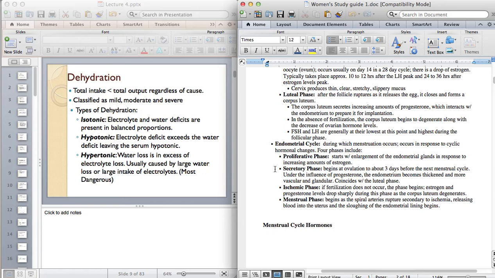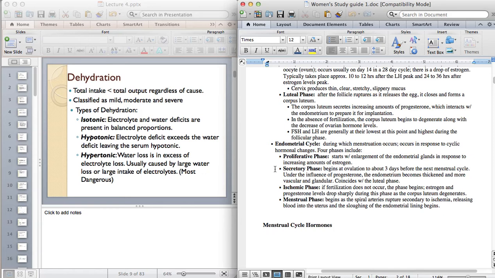Okay. So for types of dehydration, not diarrhea, we classify based on the relationship between the fluid and the electrolytes. That is what we will use to gauge the dehydration.